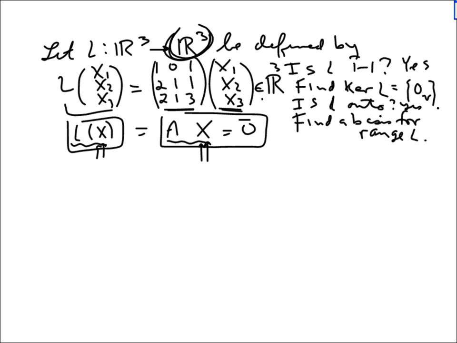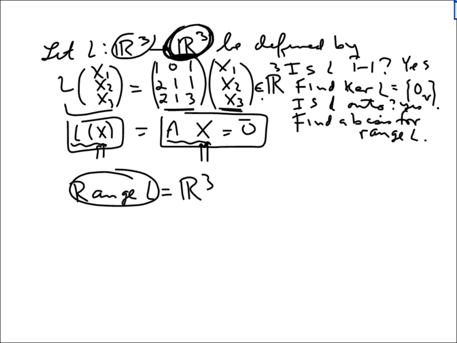But if it's onto, we showed that we can take L of different things and get everything in R3. The range of L is R3. They're exactly the same. They're the same set. So finding a basis for this set is the same as finding a basis for that. So I'm going to say R3, but I'm going to write this.